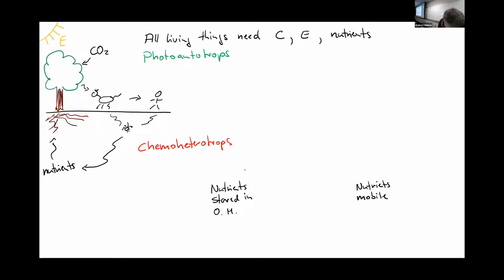If we go from the nutrients stored in organic matter to these nutrients that are mobile, we call that mineralization. And if they are mobile and get assimilated by the plant, then we call this an immobilization.